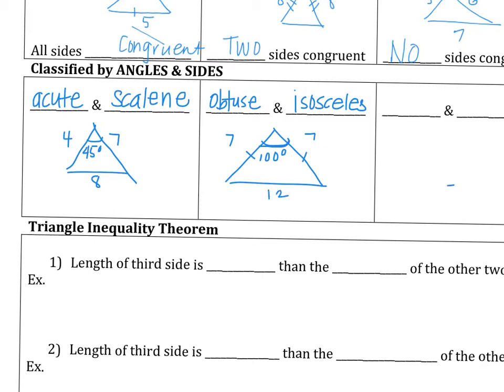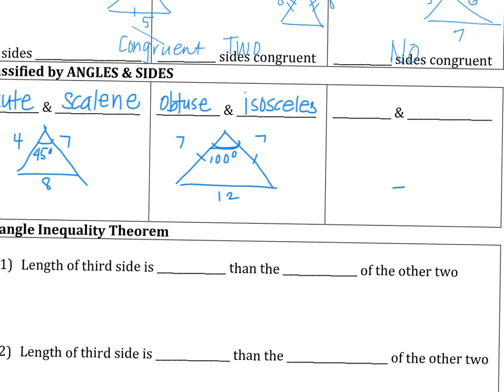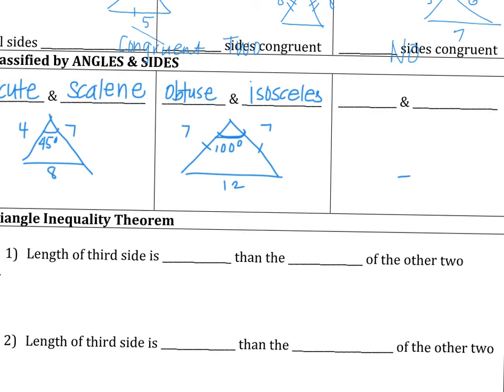And then on our next one, if we had one that was right, a right angle, and a scalene, as far as its sides, that means you would have a right angle, and none of its sides are going to be the same length. So let's say this is 12, this is 10, and this is 15.